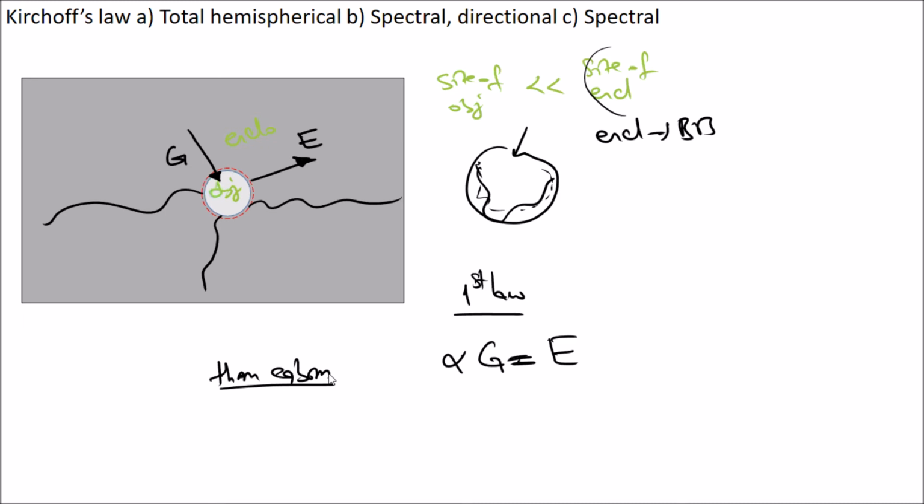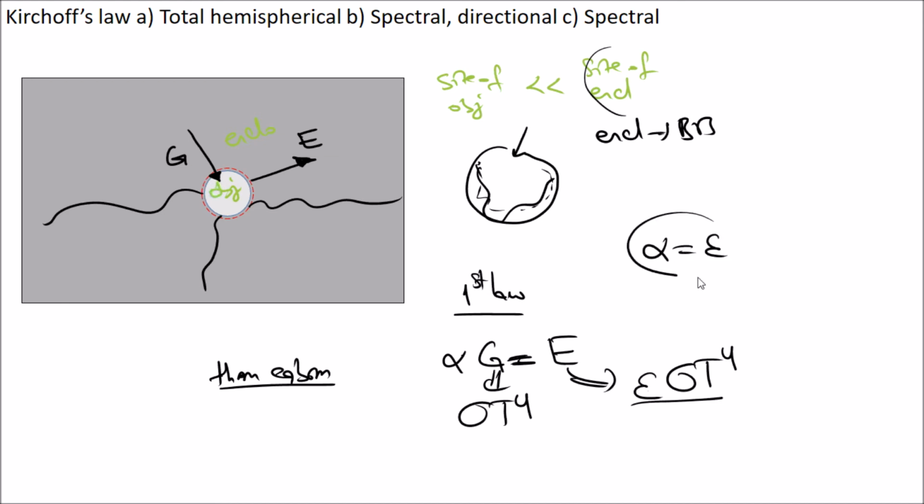Since the enclosure is a black body, G is sigma T to the power of 4, and the emissive power of the object is epsilon sigma T to the power of 4, because this is a real body with some fraction, so alpha becomes epsilon. That is Kirchhoff's law for thermal equilibrium bodies where one of the bodies is a black body.